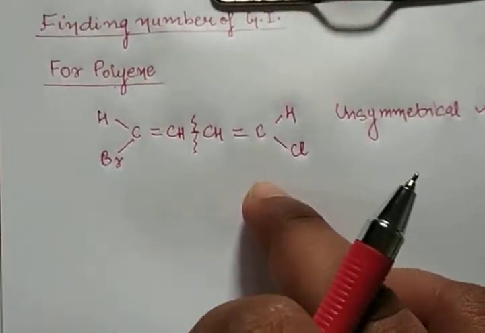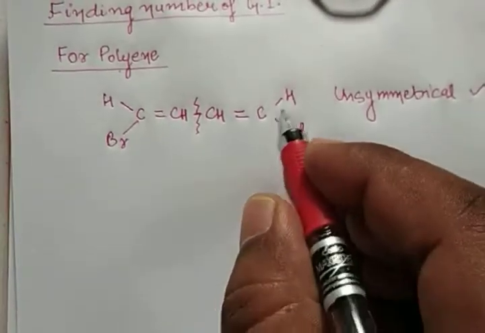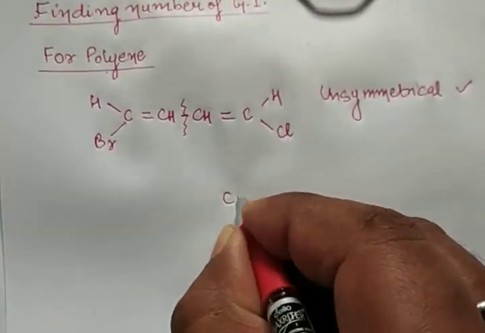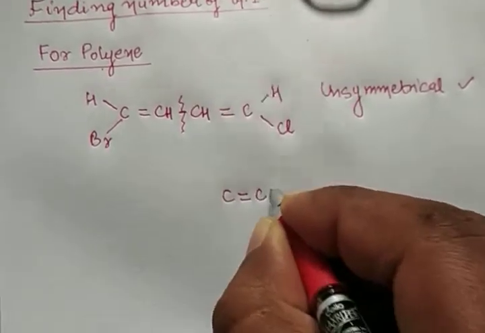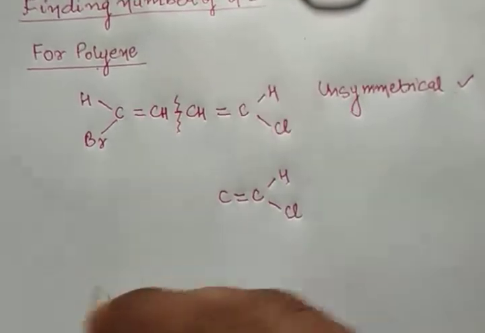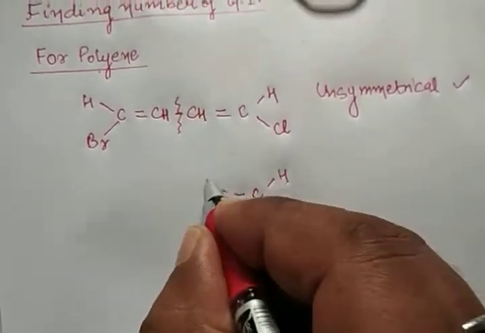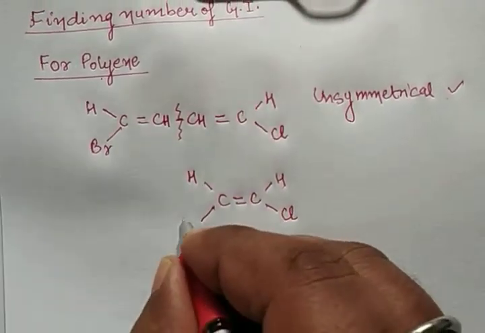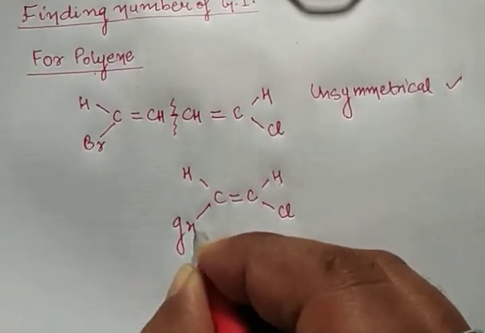How do we check for a stereo center? First check this carbon double bond. One side is H and the other side is Cl. On the other carbon, one side is H and the other side is the whole group.